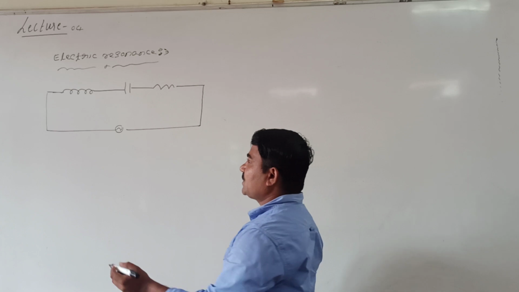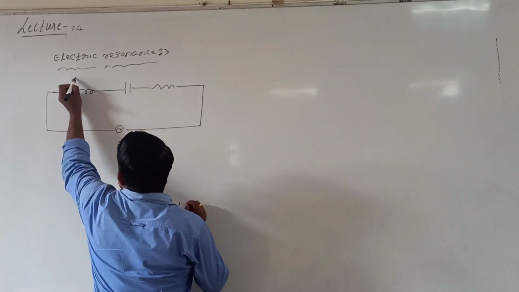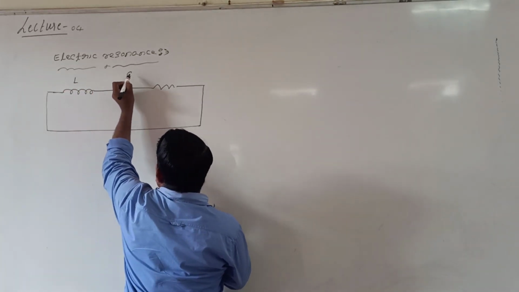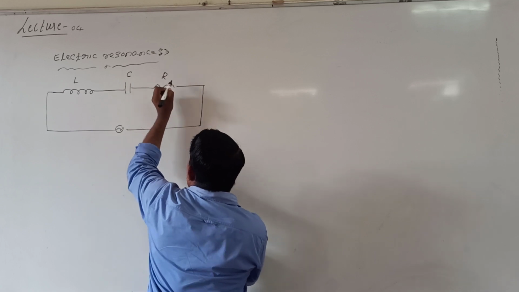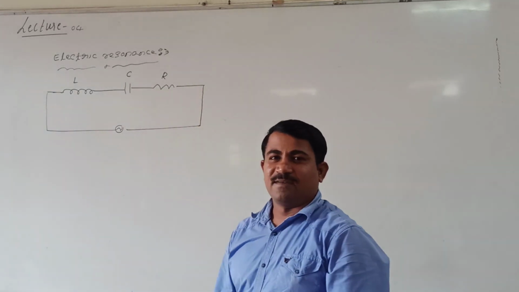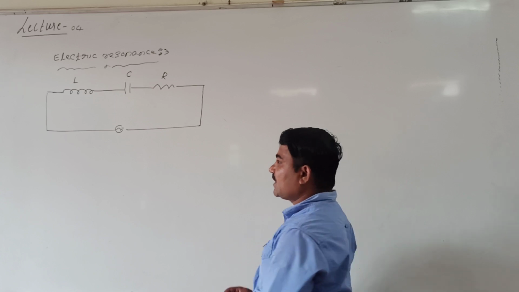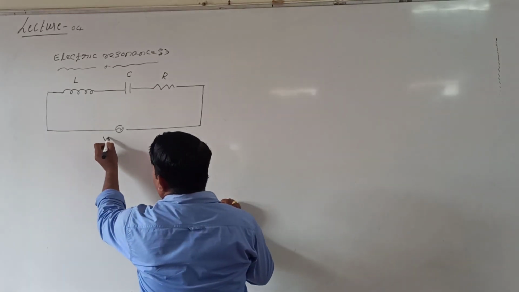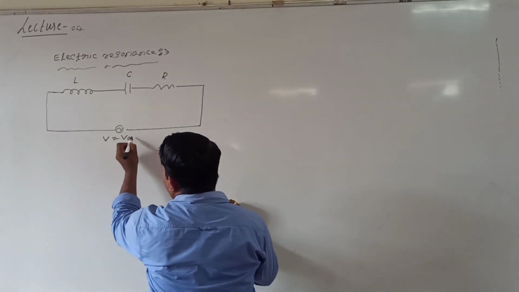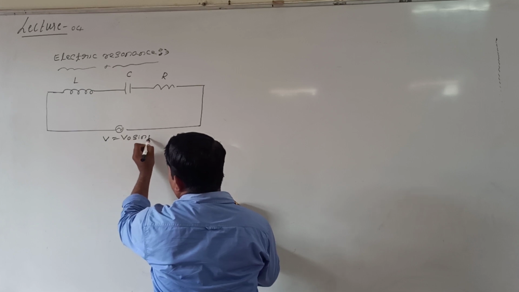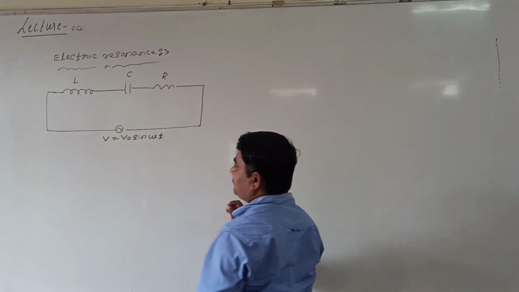What you can see, this we are calling inductor of inductance L, this capacitor has capacitance C and the resistor has resistance R value, right? And this is the applied alternating voltage. What is the applied alternating voltage? V is equal to V naught sine omega T.